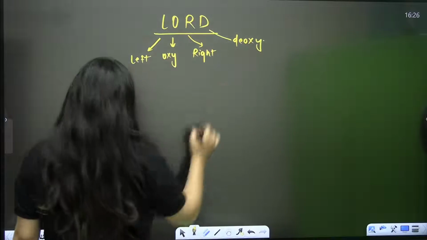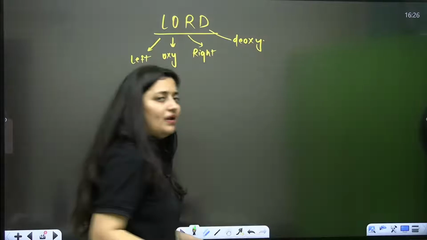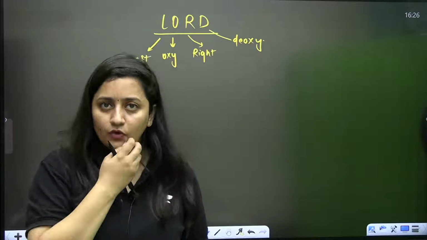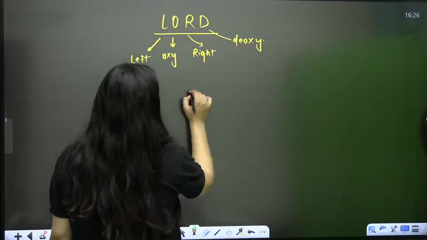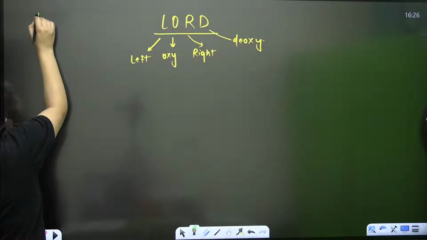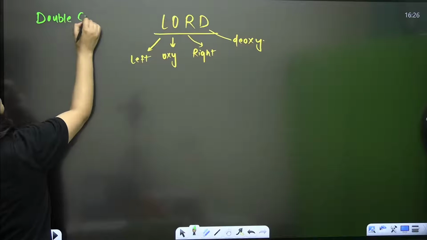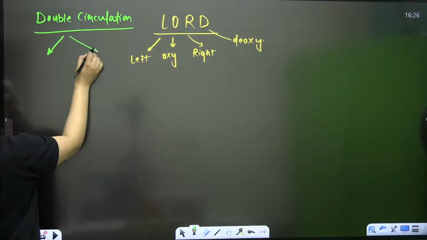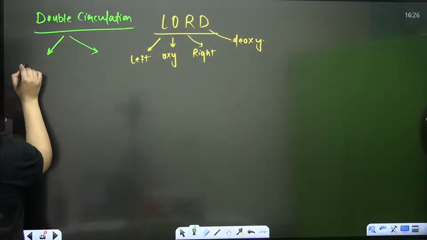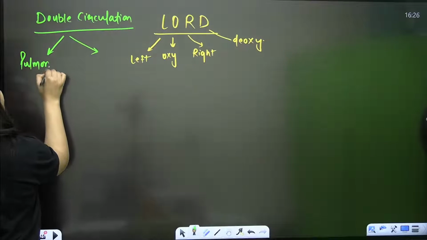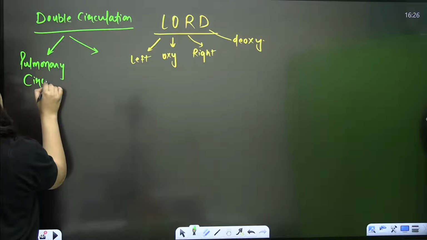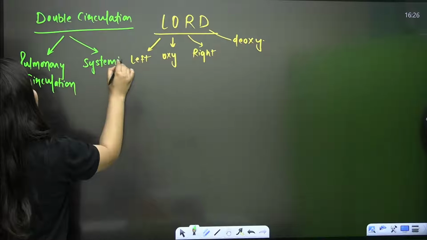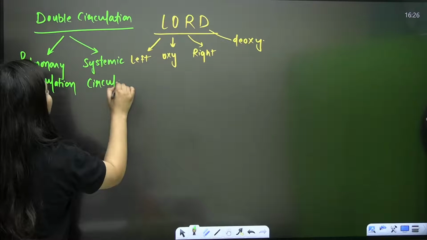Now when you talk about the heart, blood vessels are attached to it, right? Actually, bache, in our body we talk about double circulation. One is the pulmonary circulation, where the lungs are involved, and the other is the systemic circulation. Once you understand the structure, you will understand everything.